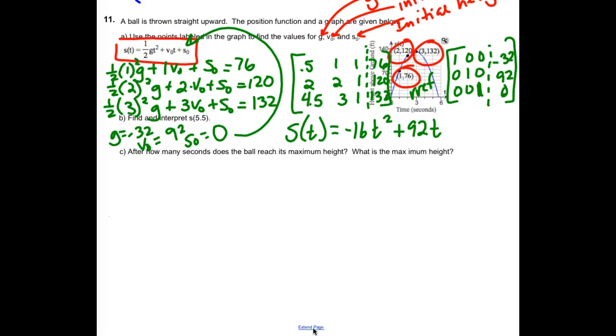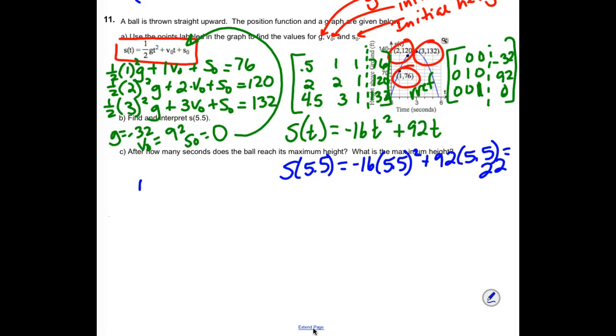So, if I dump 5.5 in for my t value, I've got -16 times 5.5 squared plus 92 times 5.5. And our answer was what? 22. So what does that mean? Find and interpret. We found the answer. Now what does it mean? Okay, so after 5.5 seconds, the ball is 22 feet off the ground.